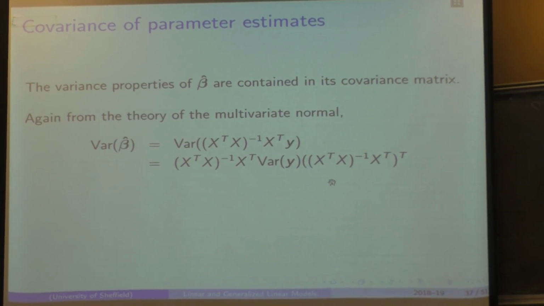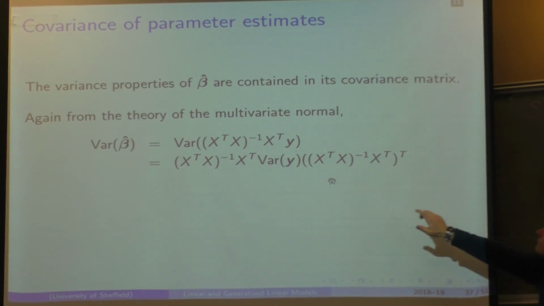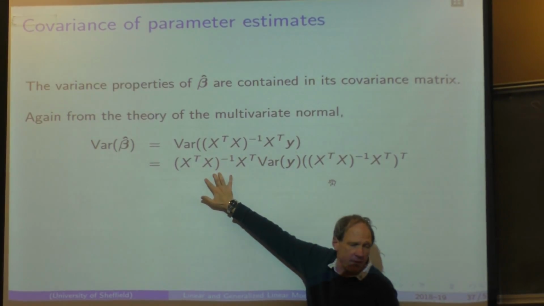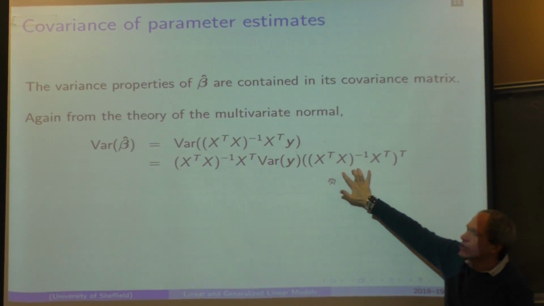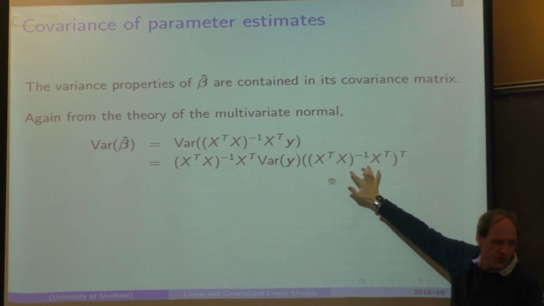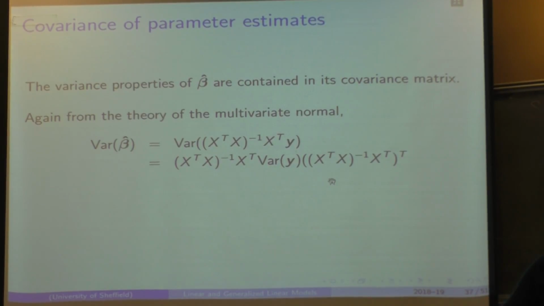Sorry, I think I said left and right the wrong way round the first time. So the transforming matrix on the left, the covariance matrix here, and the transforming matrix, but transposed, on the right. This again comes from the general theory of how covariance matrices change under linear transformation.